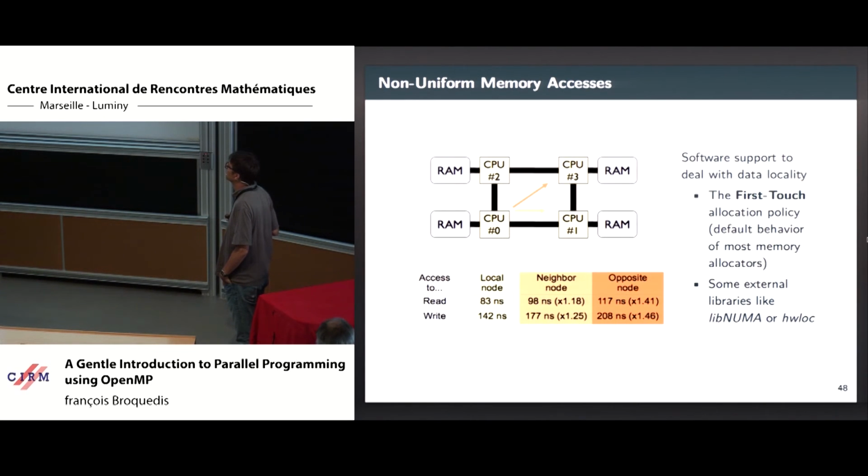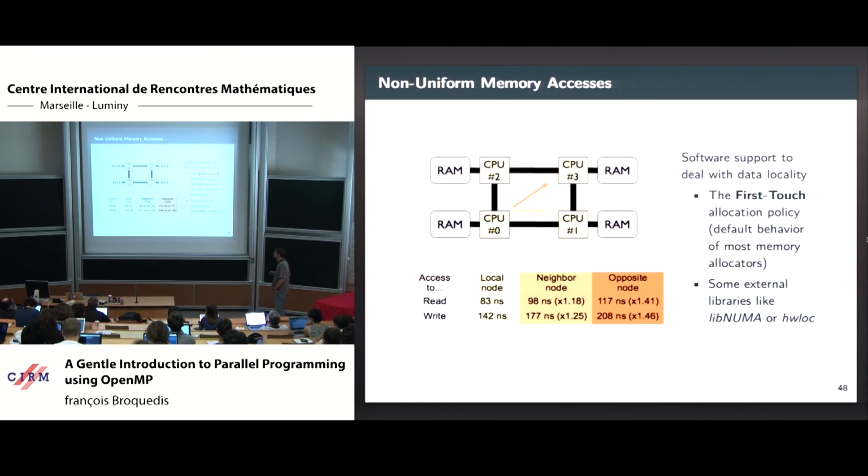When you access the local node, when you access a node that is 1 hop away, and when you access the opposite node of this platform. You can see that on this specific machine, which is a small platform, not the Intel 192 I presented before, you already have some 20% degradation when accessing a neighbor, and something like 40% for the far node.